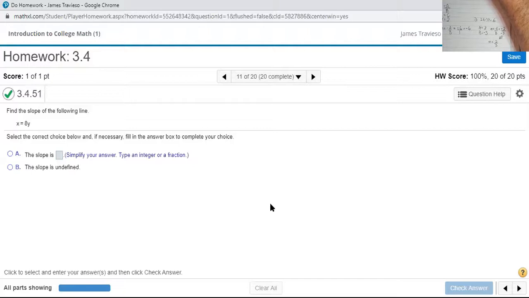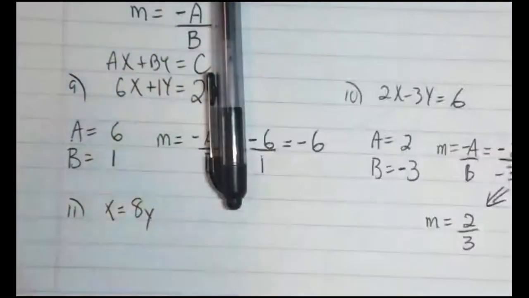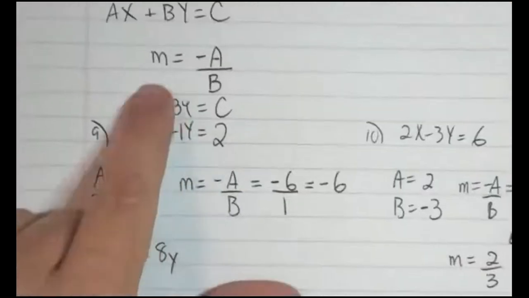Number 11 is a little bit different. So let's talk about our options on number 11. So we have X equals 8Y. As this problem is, it is not in standard form. It's not in standard AX plus BY.